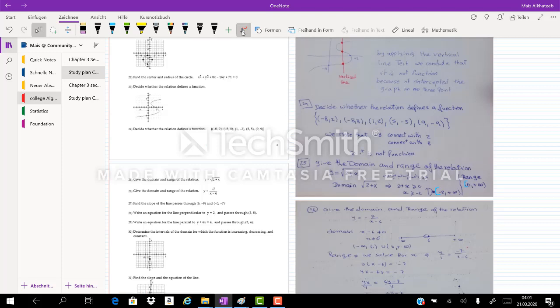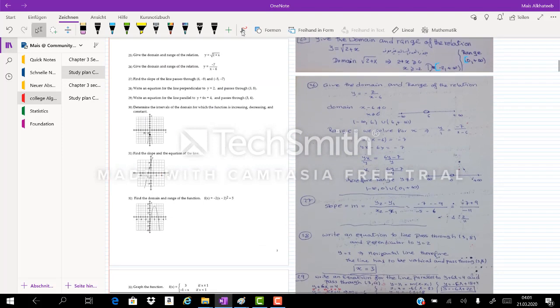Now, what about the domain and the range of another relation? He asked to give the domain and range of the relation y equals minus 7 over x minus 6. For the fractional function to be defined, the denominator must not be 0. So to get the domain, the denominator has not to be 0.